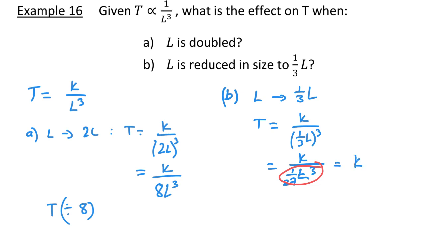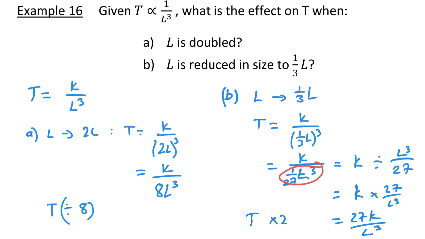So that's k divided by L cubed over 27. So to do that, we turn the fraction upside down, so it's k multiplied by 27 over L cubed, which is going to be 27k over L cubed. And the relationship between where we were at the start of k over L cubed, we're now 27 times bigger than that. So t is going to be multiplied by 27.